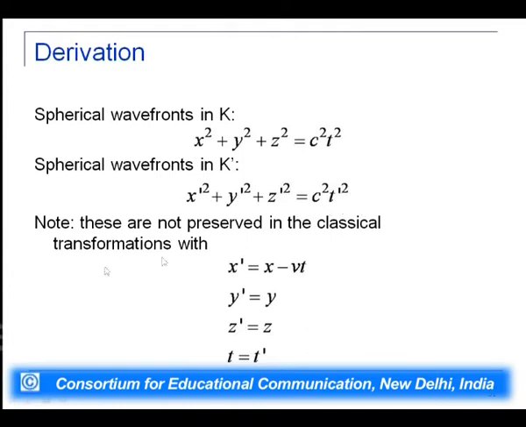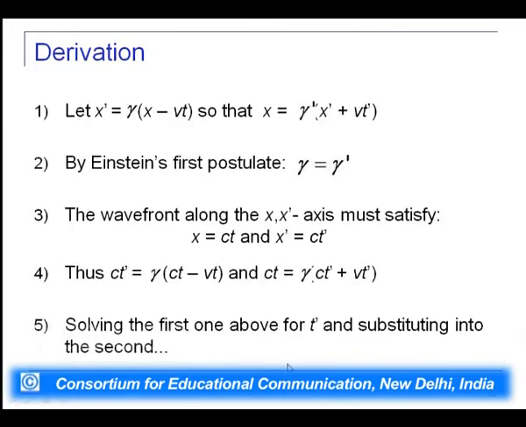These are not preserved in the classical transformation, with x dash equal to x minus vt, y dash equal to y, z dash equal to z, and t equal to t dash. Now x dash is equal to gamma times x minus vt, so that the x axis will be opposite of this, it will be gamma dash times x dash plus v t dash.